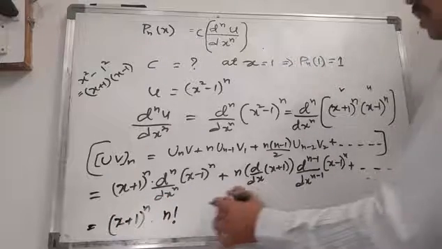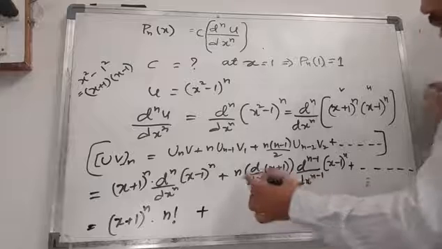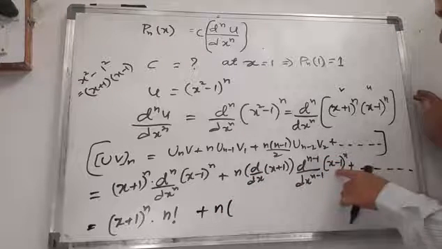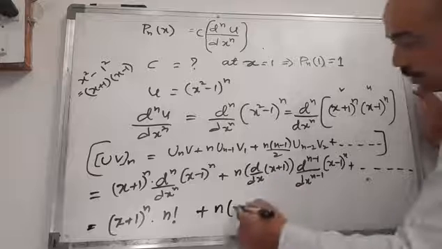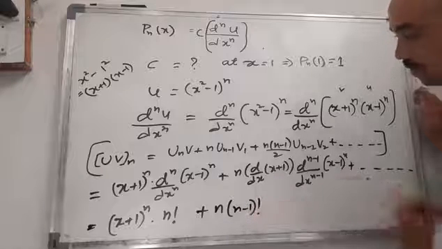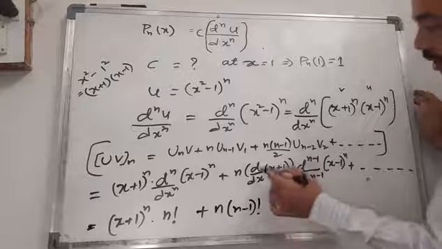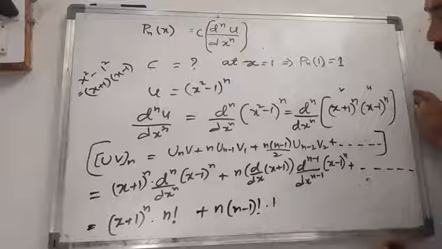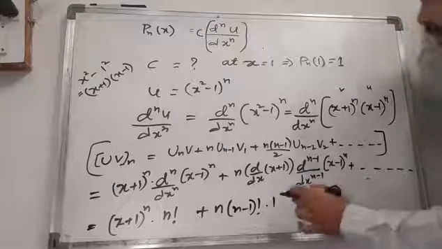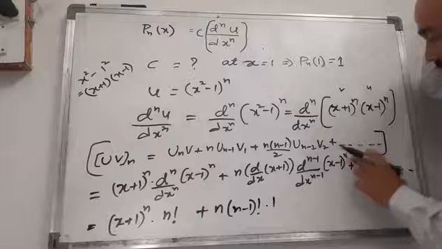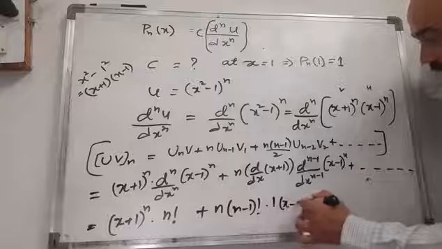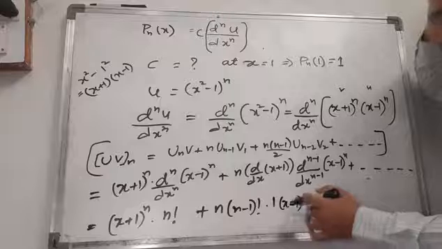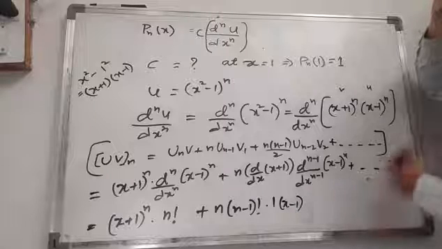Plus here n into the (n minus 1)th derivative of (x minus 1) whole power n, which is (n minus 1) factorial, into d by dx of (x plus 1), which is 1, into 1. And here x power n is there, so one more (x minus 1) term will be left. From here onwards, the (x minus 1) term will keep being left over.